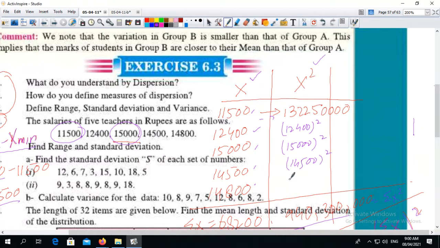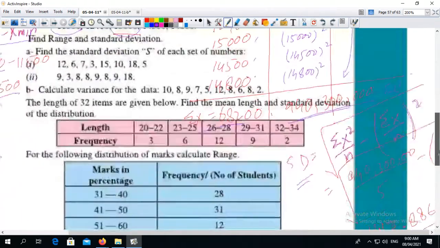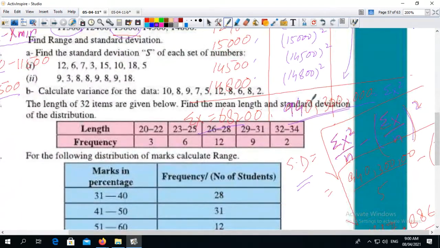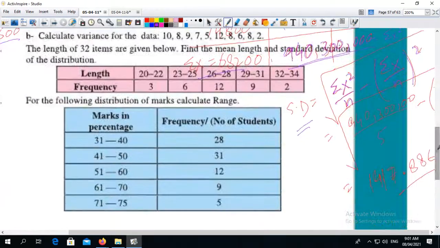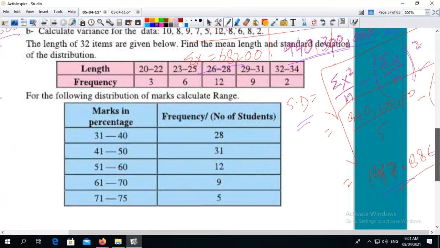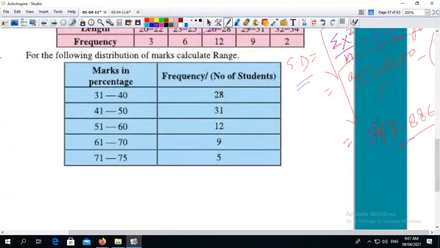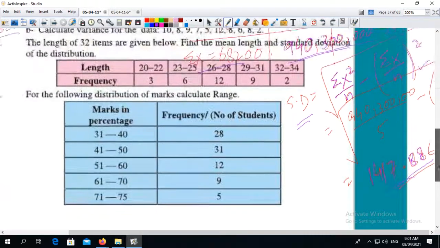You use your calculator to find the squares of all these values, and after adding we get summation x square. We put the values in the formula, and after calculation we get the answer 141.788. This is our answer.